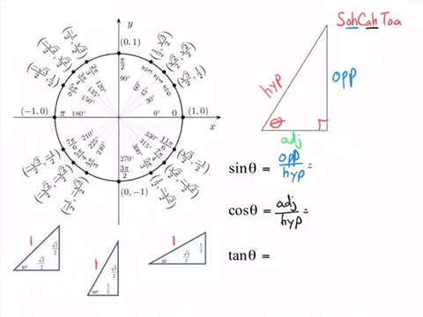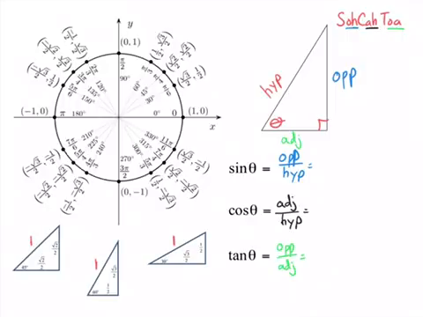And tangent is opposite over adjacent. They're fractions. They're ratios of right triangles. And right triangles are all similar, so those ratios hold through proportionality.